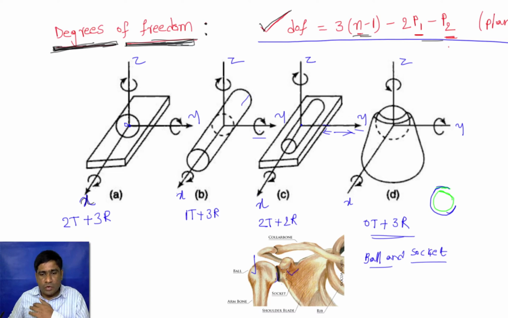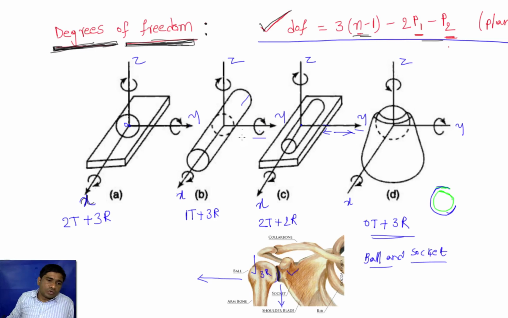At the end of the main body we have a groove-like structure, and the hand is a sphere-like structure. So here translation is not possible, but only 3 rotations. How are these 3 rotations? For example, one axis is like this, one axis is along this, and one axis is coming out of the plane. So that is how our shoulder joint works.